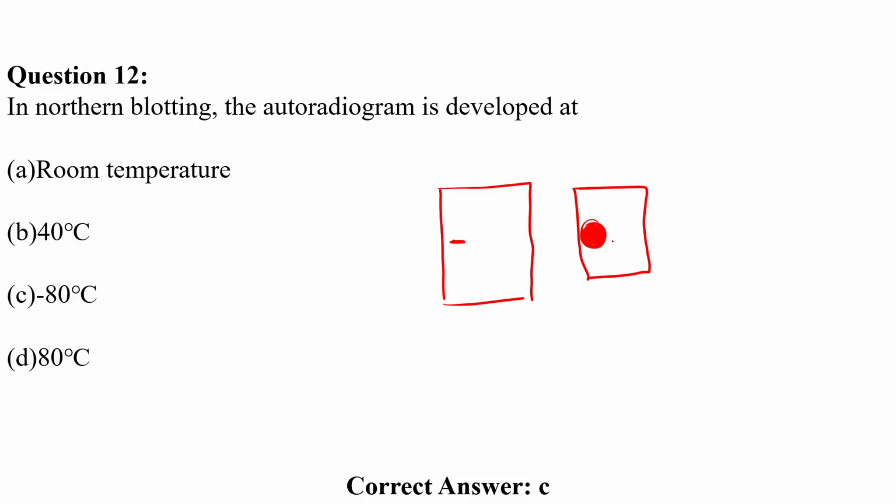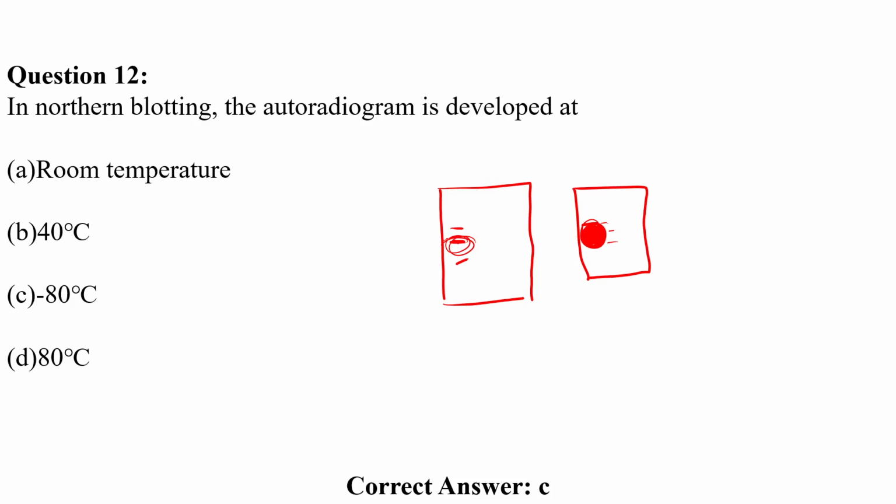So if we see a big blotch like this, we can't determine if this is this fragment or this fragment or this fragment. Let's say in the agarose gel there were 3 fragments, and now after the development only 1 fragment is actually radioactive. That means this is the mRNA that we are interested in studying.